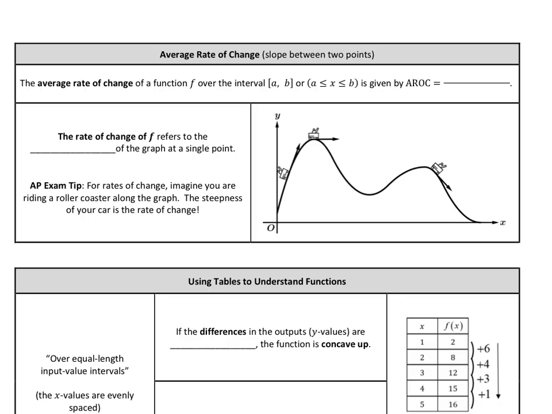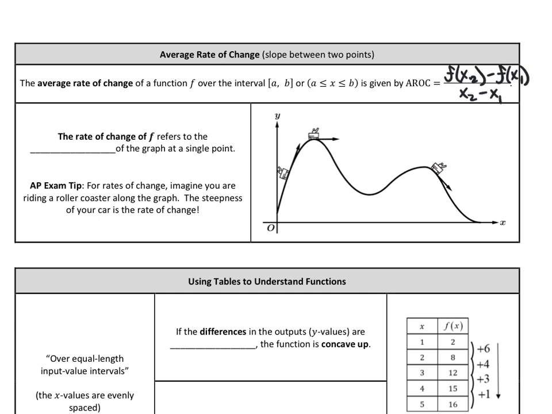On the back here, it talks about average rate of change. Again, we're pretty good at this, so I'm not all that worried. The average rate of change of f over the interval from a to b, which can be written in interval notation or in inequality notation, is given by the formula average rate of change is equal to, and let me hear it because I know you know this one. f of x2 minus f of x1 over x2 minus x1.